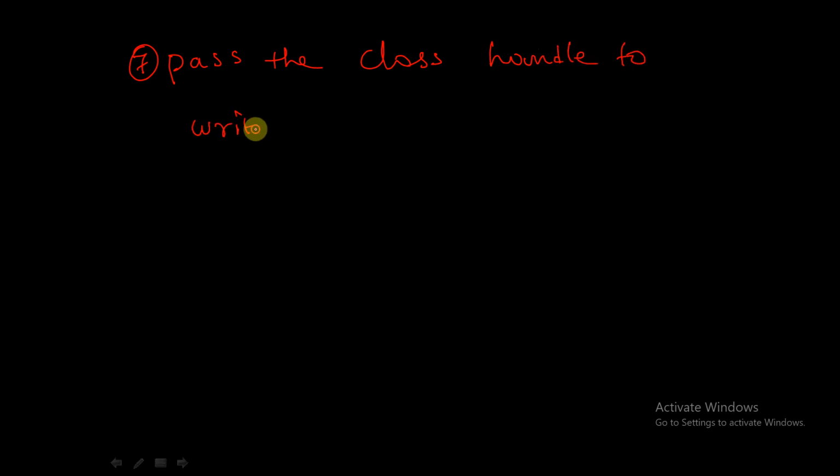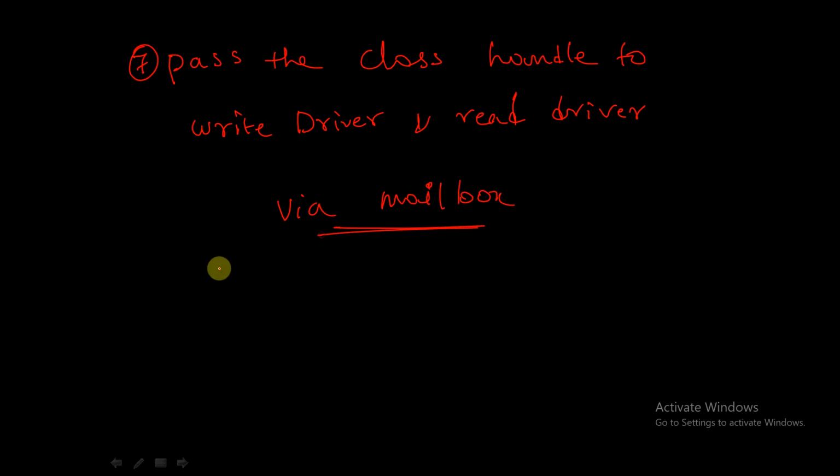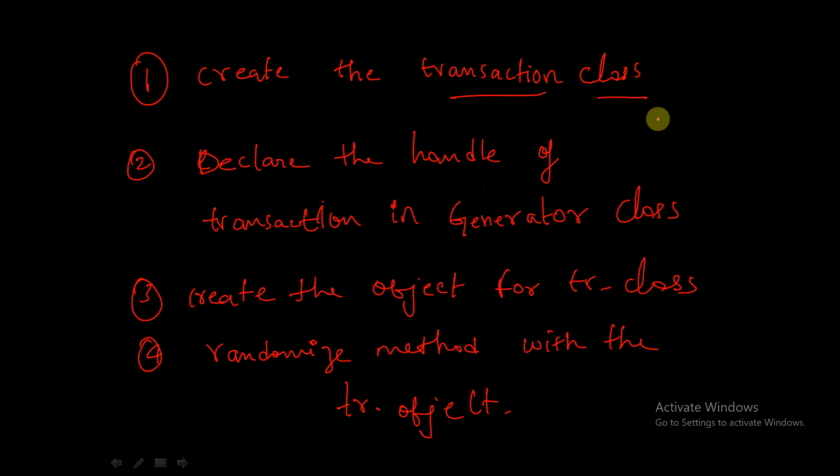Then we are going to pass the entire class handle to the write driver and read driver via mailbox. This is what we are going to do in our further steps. Okay, simple. So first we are going to create the transaction class.